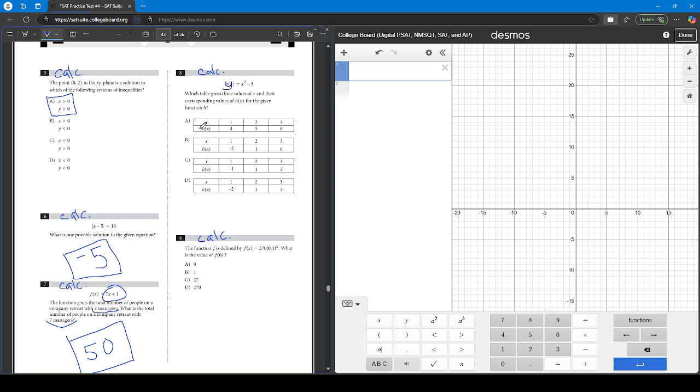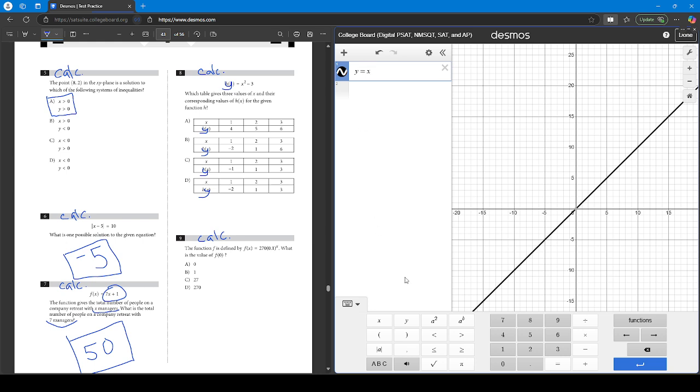Y. I'm always thinking of the graph as x's and y's. So even though it's a function and they want me to think of it as h of x, I'm changing my thinking real quick here, calling those y's. Okay, so y equals x squared minus 3.